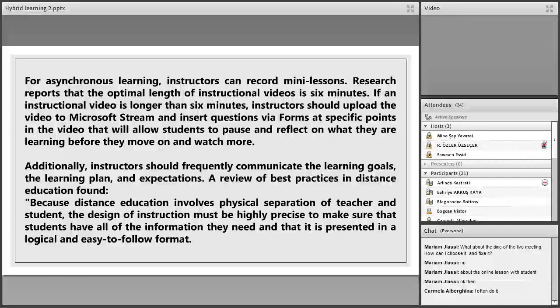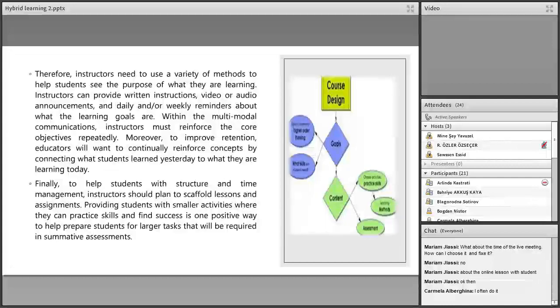We are not going to complicate things for our students. We need to simplify things for them, especially when we are in asynchronous learning or teaching, or in hybrid learning.